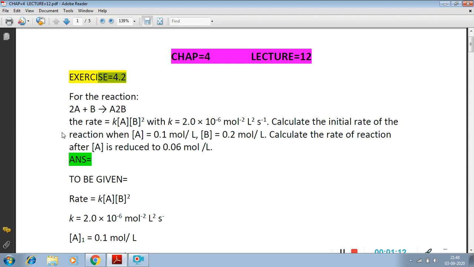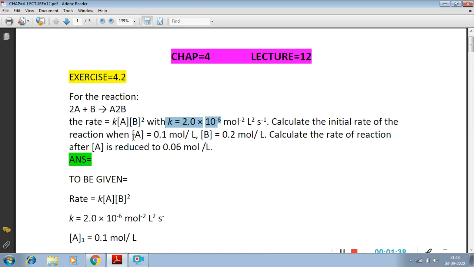Okay, so first of all, understand the question. Here a reaction is given to you: 2A plus B gives A2B. For that reaction the rate is given by this equation: rate is equal to K into A into B raised to 2. The K value is also given to us, 2 into 10 raised to minus 6.